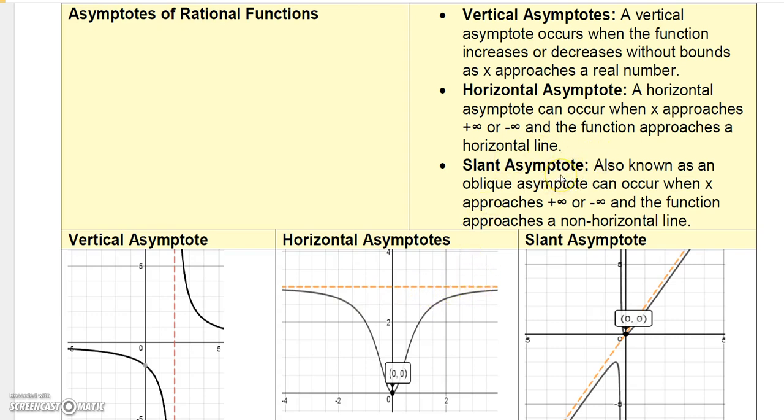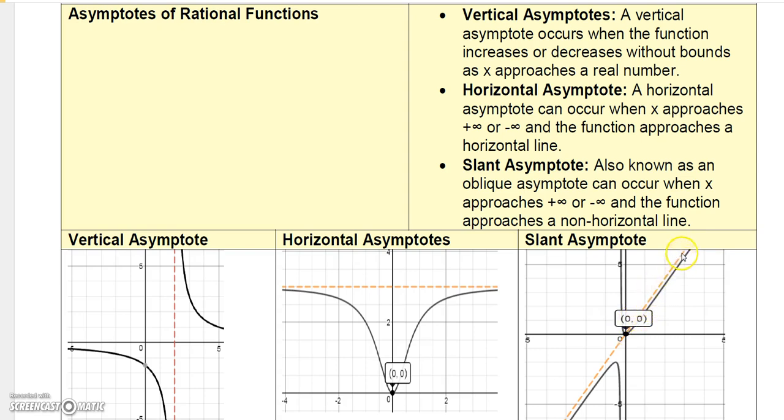Now, a slant asymptote is also called an oblique asymptote. These can occur when x approaches plus or minus infinity and the function approaches a non-horizontal line. So here, let me show you. Notice as x goes to infinity, the graph continues to increase, but as it increases, it gets closer and closer to this slanted line.